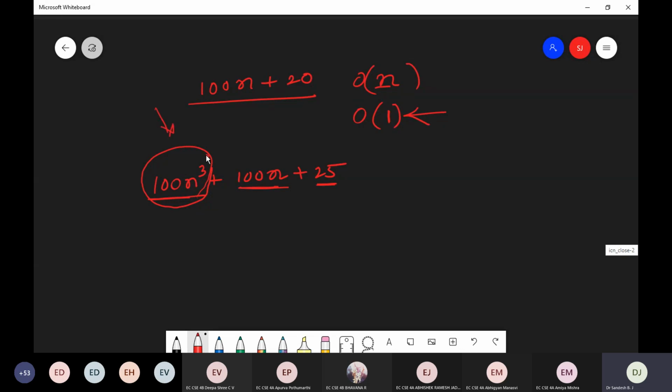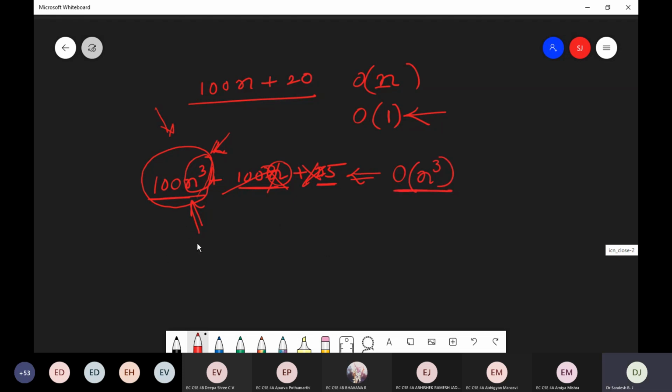Compared to this, the order of growth of n cube becomes the most significant for us, the most basic operation contributing to the algorithm's time. So we will ignore the rest. Then such a class of functions will belong to this class.